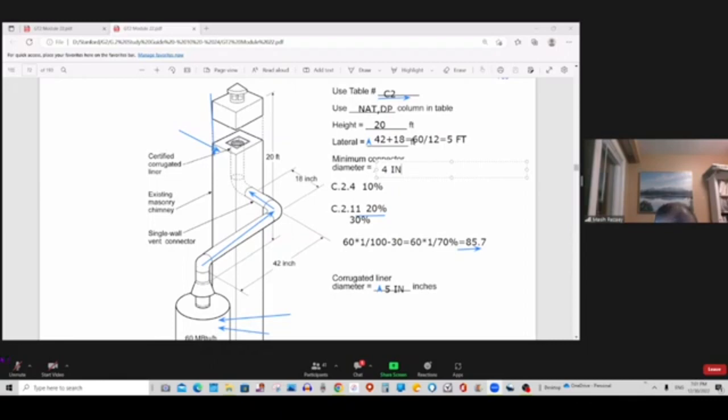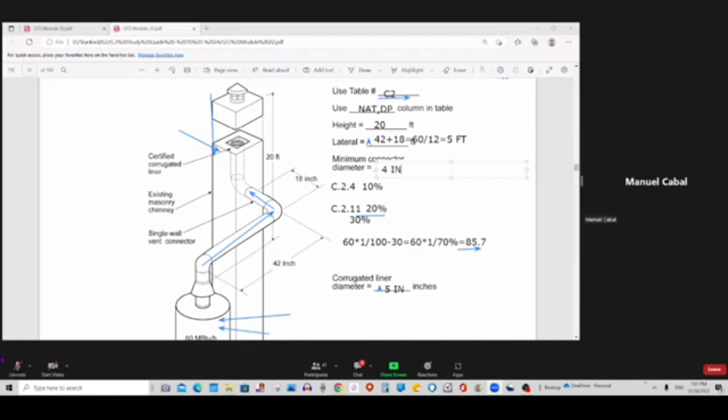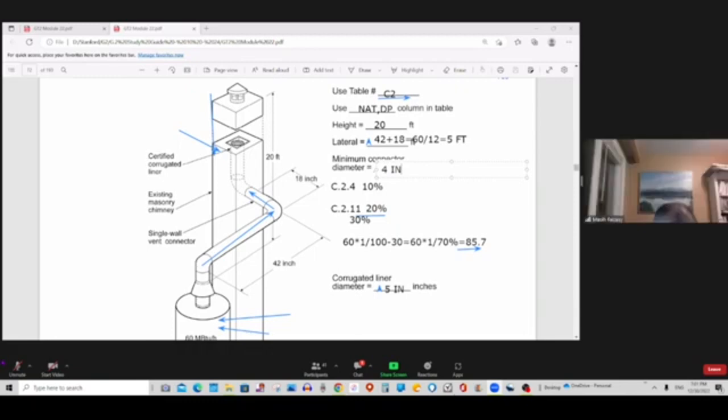Also, when you use a chimney liner as the vent, it's no longer category A or type A chimney. It's going to be type B. So that's what we call table C2.